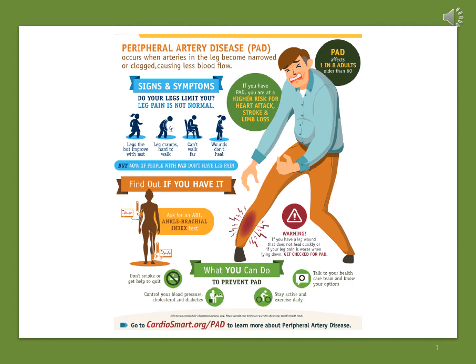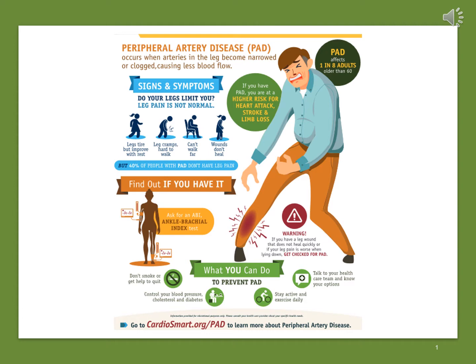This slide is from the lay literature. It's from a website meant for people to learn more about peripheral arterial disease. And it outlines visually the signs and symptoms that they might want to look at. Pain that makes it hard to walk, pains that they can't walk far, or wounds that won't heal, and then what to do if you have it.